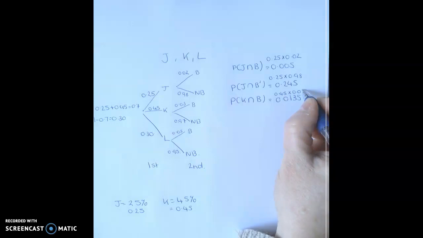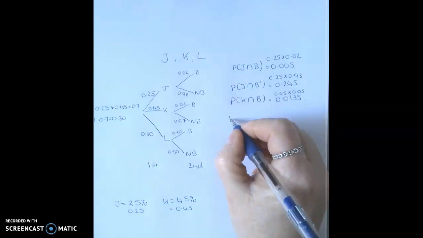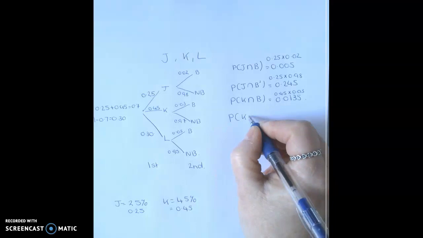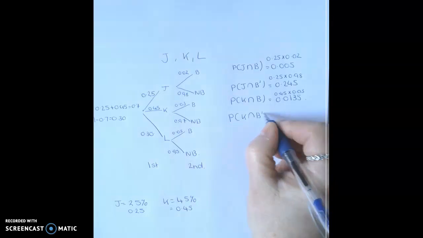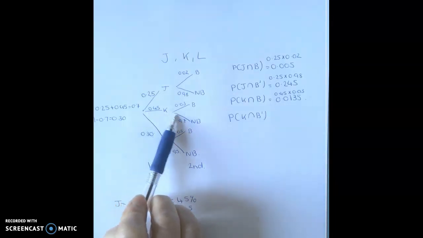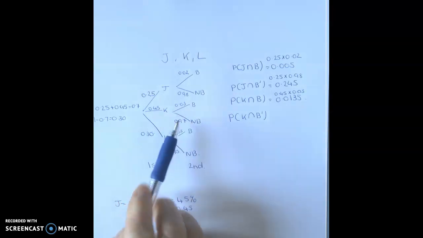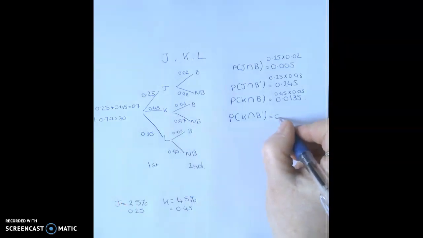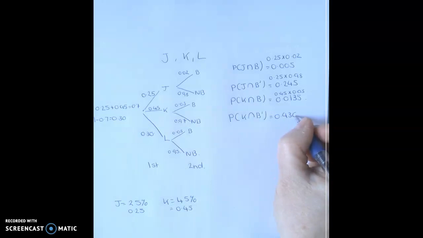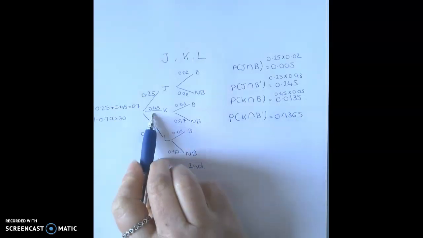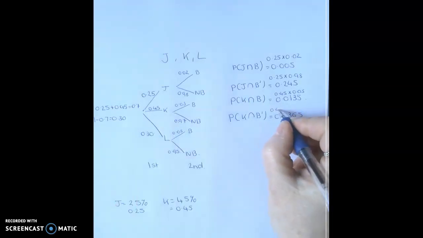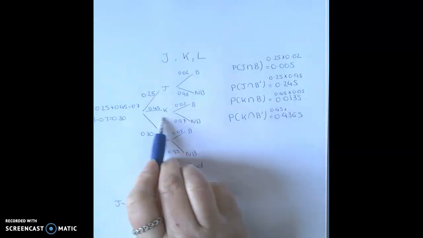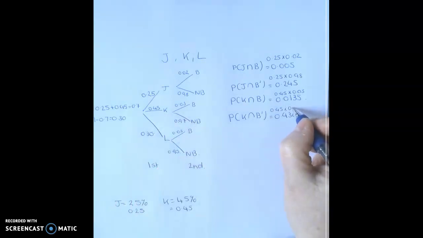And that's how we get this answer here. And what about if we pick machine K and the biscuit is not broken? That equals 0.4365 because we're timesing 0.45 by 0.97. And so on, and we can fill in the rest of the outcomes and the probabilities.